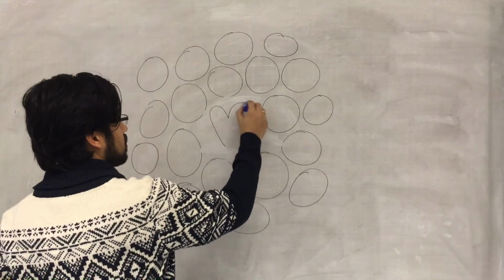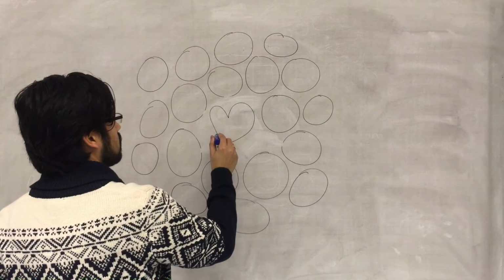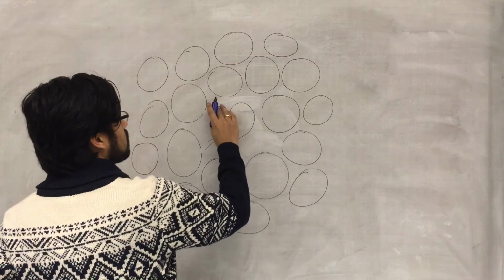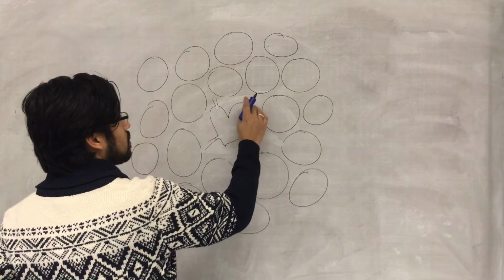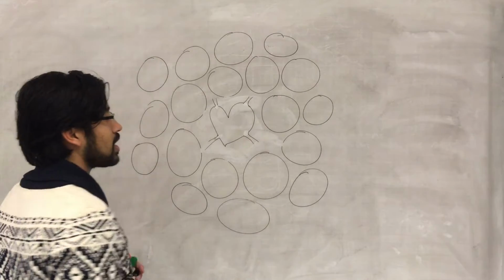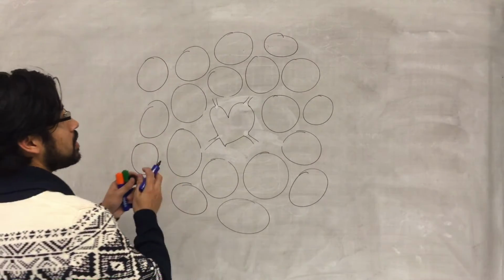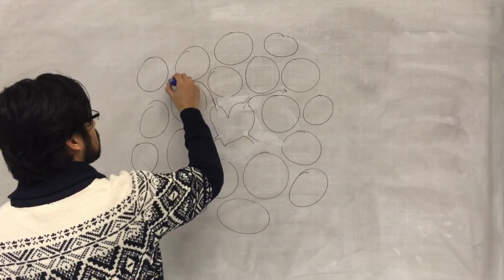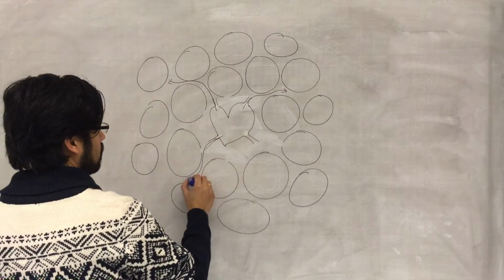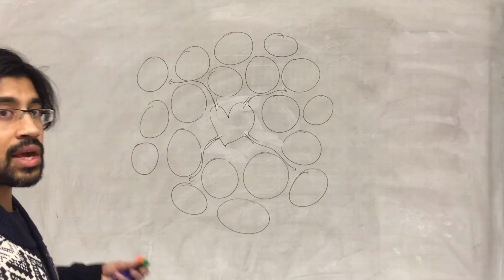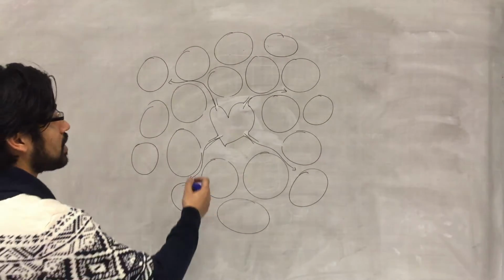So I'll simplify that and just draw a heart, and essentially all it's doing is contracting and relaxing. When it contracts, it forces fluid out over the cells, past the cells. And when it relaxes, that fluid is drawn back in.